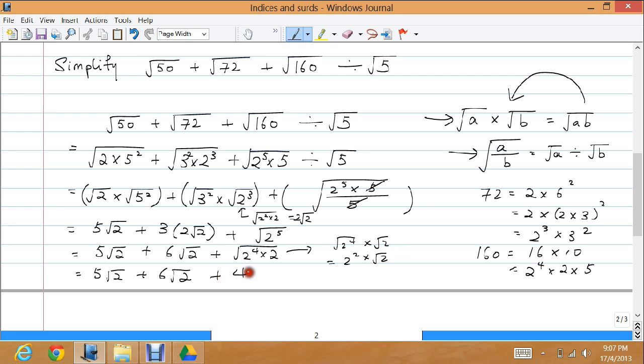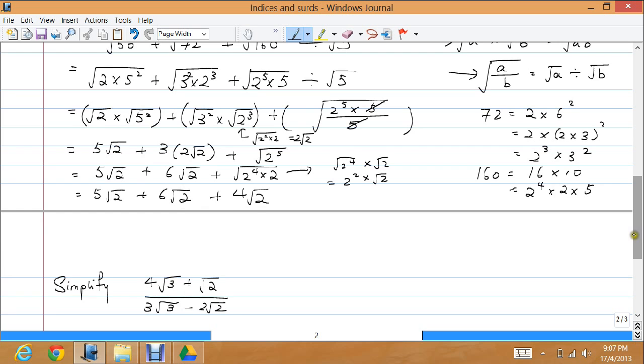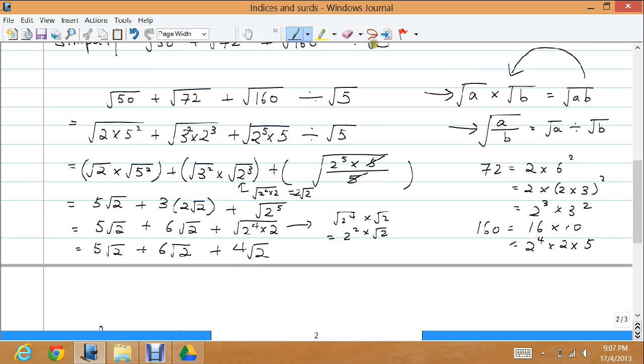So I get plus 4 square root 2. Eventually I just take the sum of 5, 6 and 4 to get 15 square root 2.